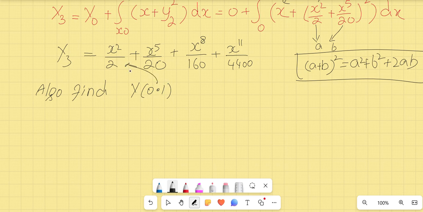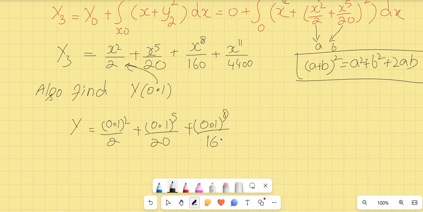So y will be equal to the third approximation: 0.1 squared by 2 plus 0.1 raised to power 5 by 20 plus 0.1 raised to power 8 by 160 plus 0.1 raised to power 11 by 4400. So once you solve it, you will get your answer.